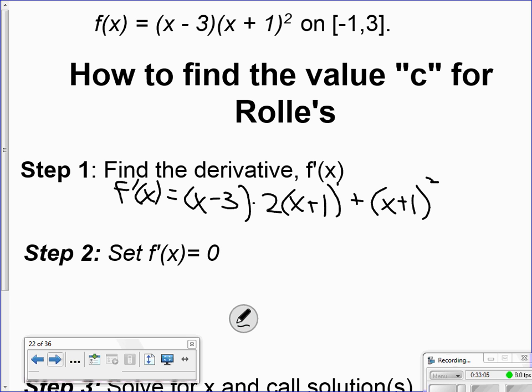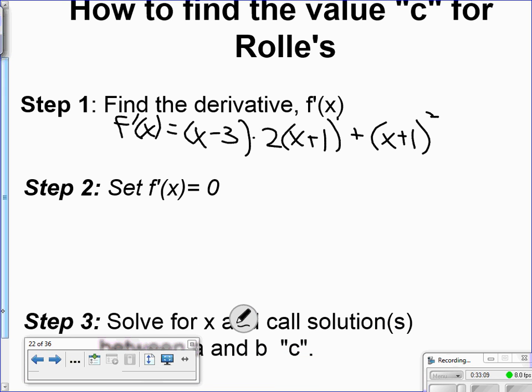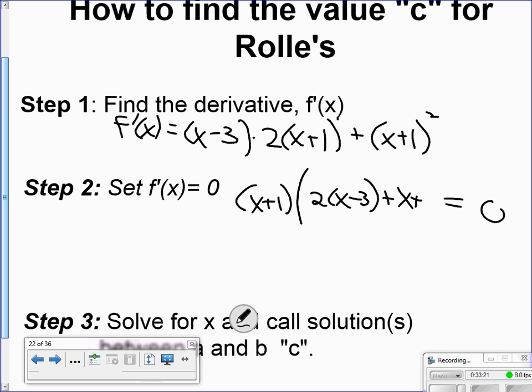We have to set it equal to 0, but we could factor out an x plus 1. If we set this equal to 0, we pull out the x plus 1, and we'd have 2 times x minus 3 plus an x plus 1.